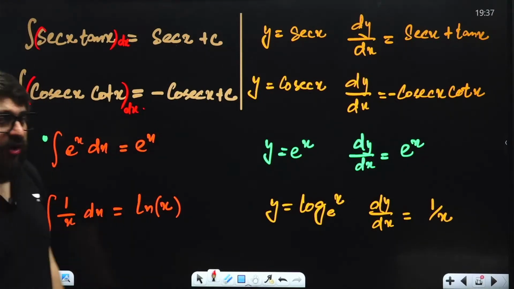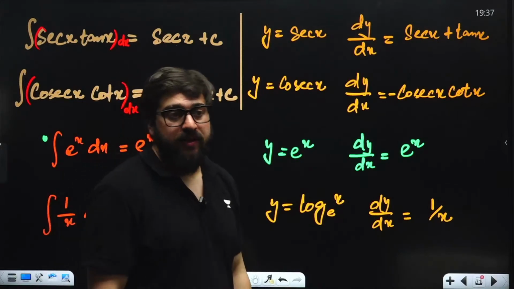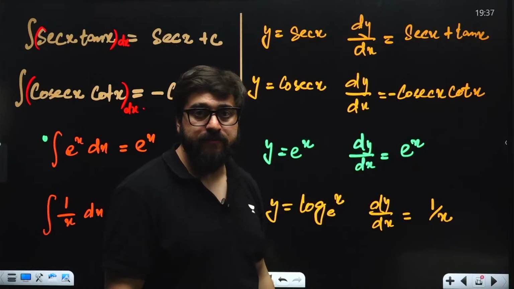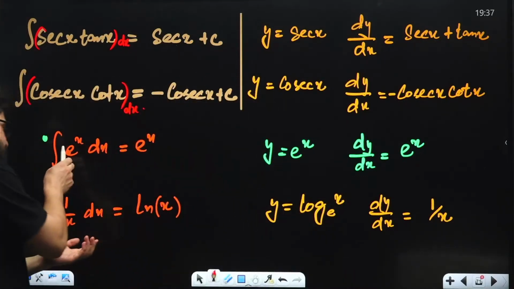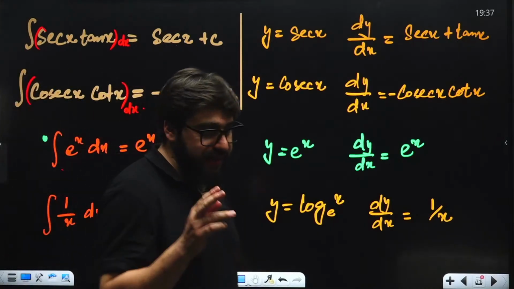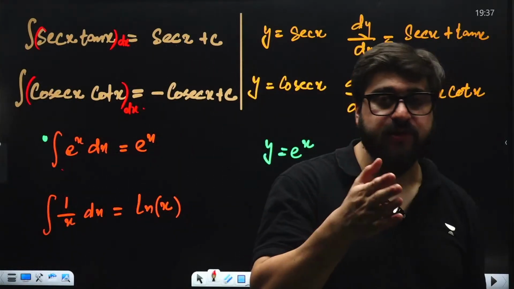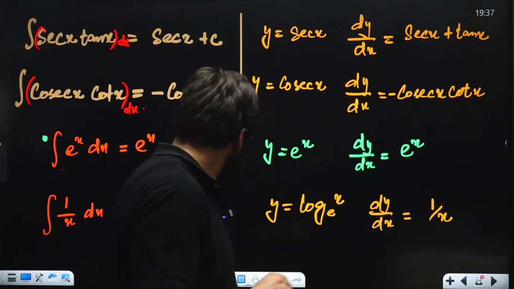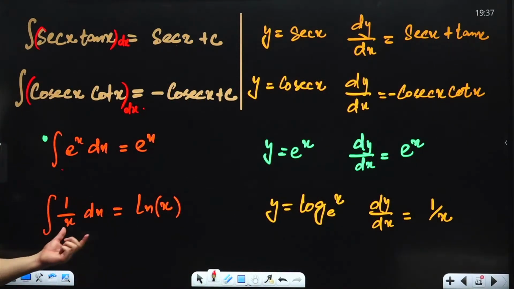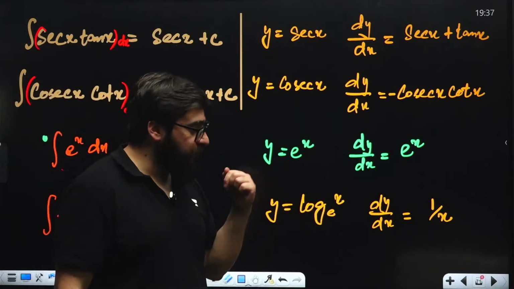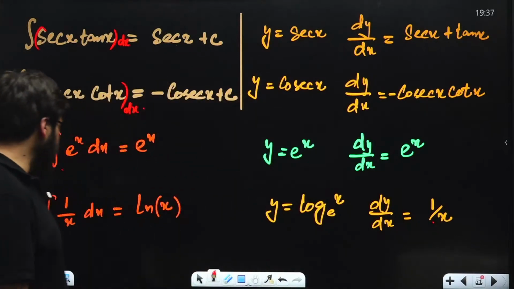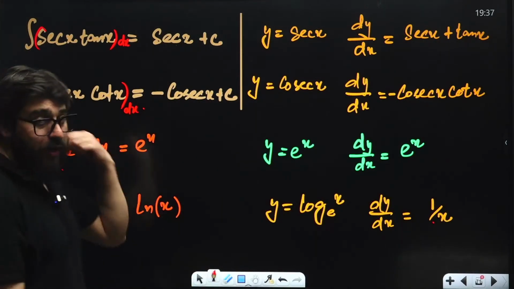If y is equal to e raised power x, we say differentiation of e raised power x is e raised power x. Now, do the integration of this e raised power x, it will give you e raised power x back. So integration as well as differentiation for e raised power x is e raised power x. Next, we say y is equal to log of x. We say differentiation of log x is 1 by x. Now do the integration of 1 by x. It will give you the log x back again.